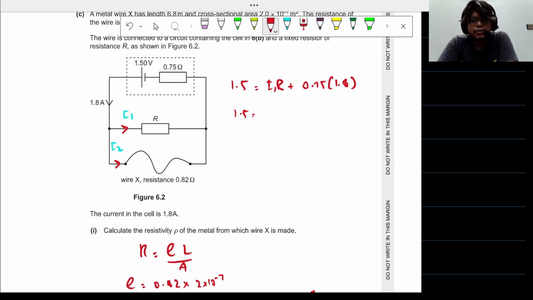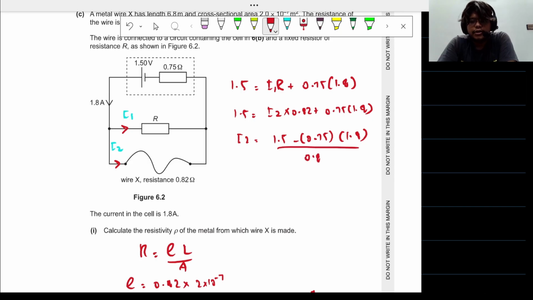So this would be 1.5 equals I2 into 0.82 plus 0.75 into 1.8. So I can find I2 from here: I2 equals 1.5 minus 0.75 into 1.8, divided by 0.82.